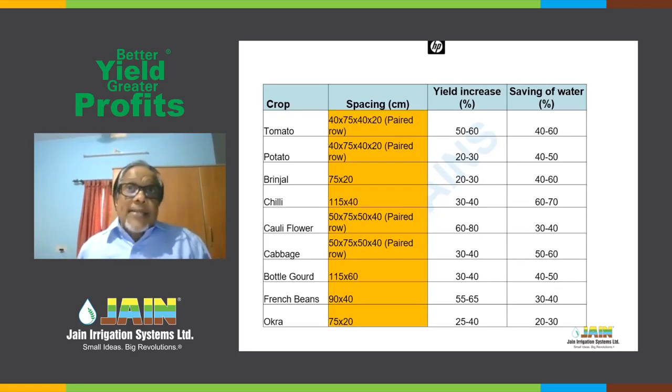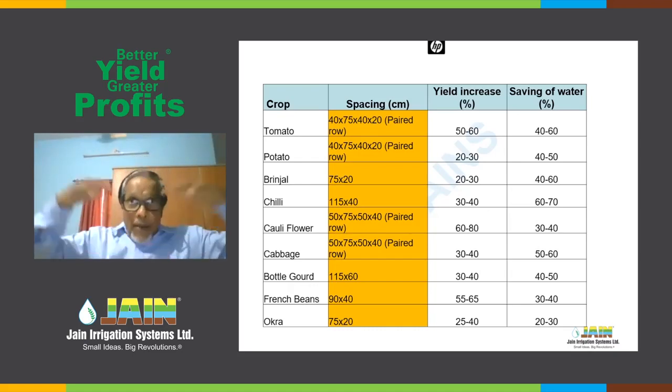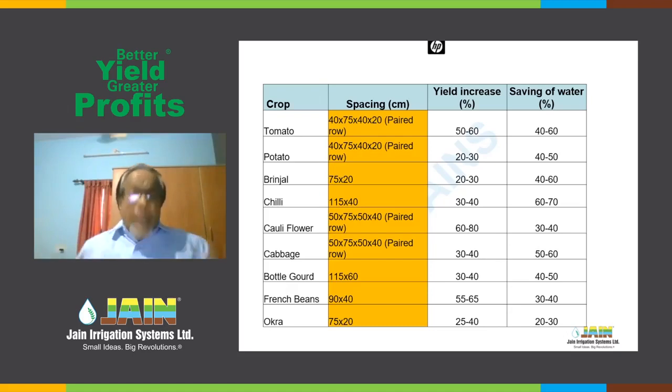Canopy size. See, two rice hills, you can have at 20 centimeter spacing. Two onion plants, you can have at 10 centimeter spacing because they are straight up. Their canopy doesn't spread. But you cannot grow two brinjal plants at 10 centimeter because it will have a flat umbrella canopy.